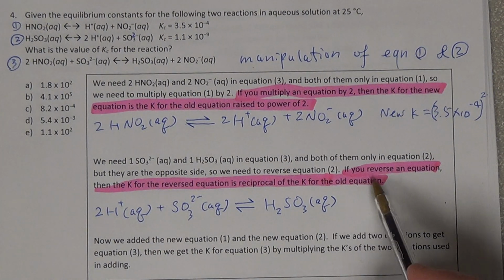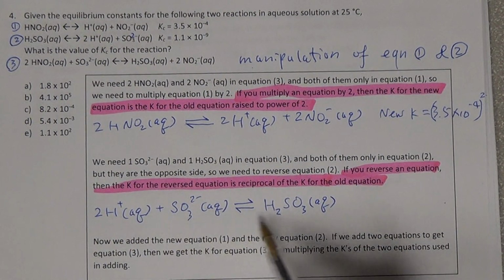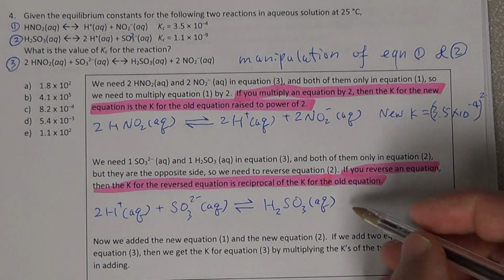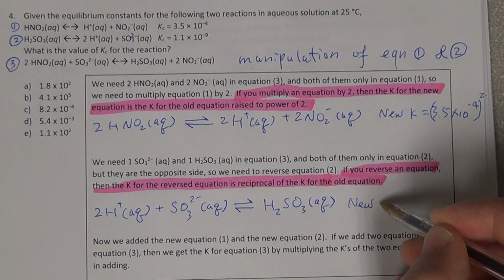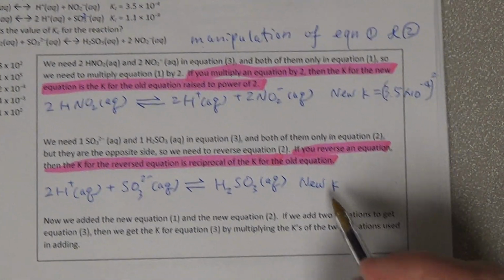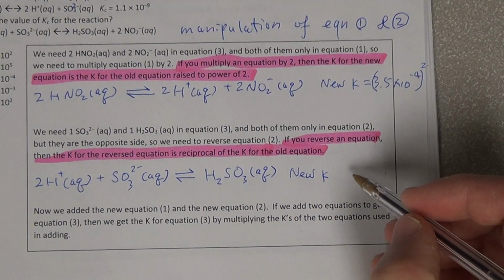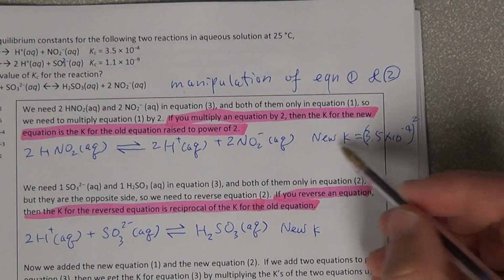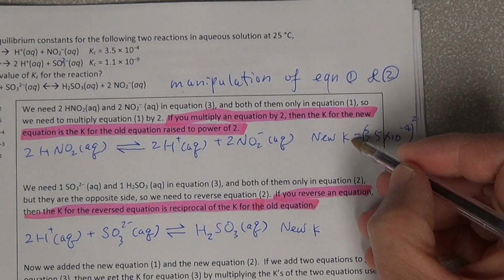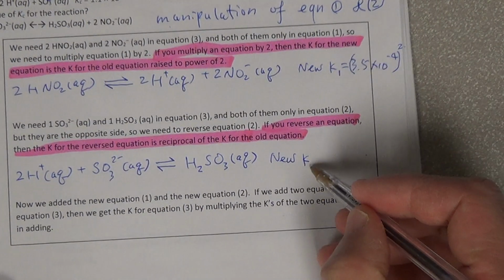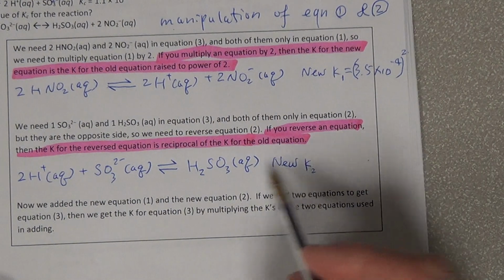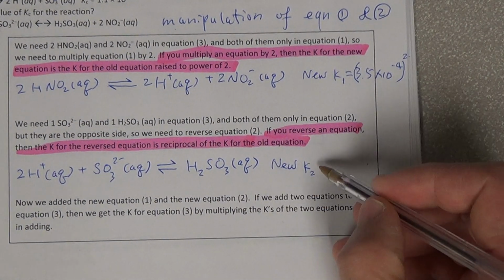And then what do we mean by the K for this reversed equation? So let's say this will be the new K. The new K for the new equation 1 we call K1, and the new K for this reversed equation 2 we call the new K2.